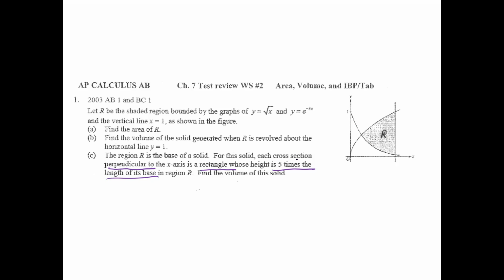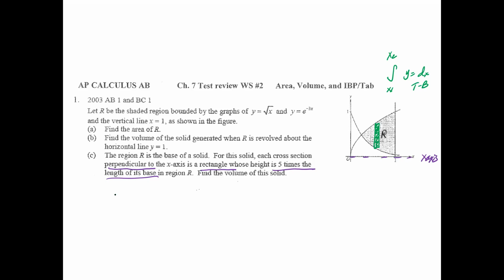So if this cross section is perpendicular to the x-axis, and you know that this is the x-axis, perpendicular means that your radius is going to be vertical. And if your radius is going to be vertical, then your integral is going to be from x1 to x2. Everything has to be solved for y in terms of x, and it's a top minus bottom.